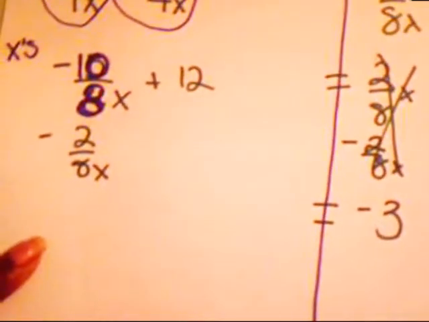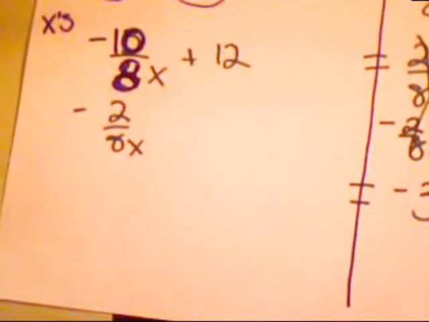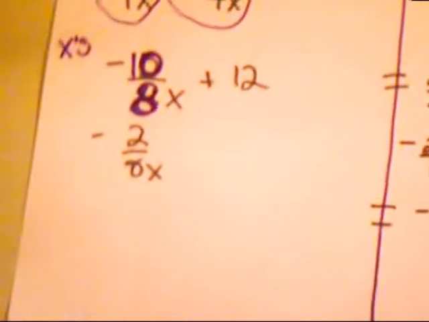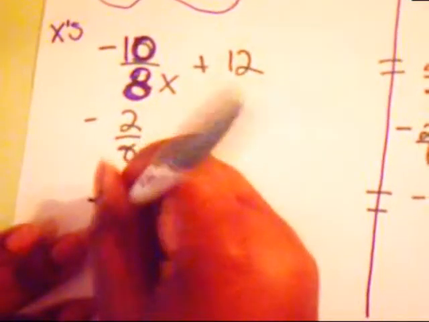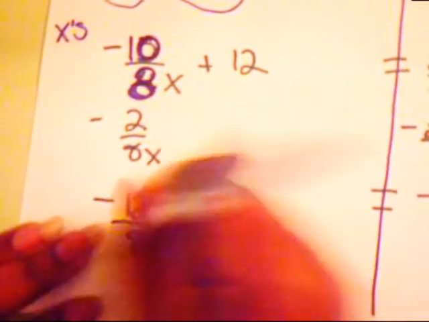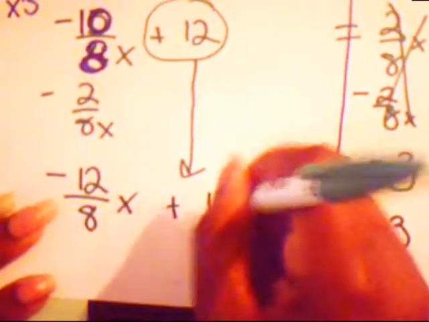Okay? Alrighty. Now we can combine like terms. Negative 10/8 x minus 2/8 x will give me negative 12/8 x. And there's my negative 3 that I brought down from before. And here's my 12 that I'm also bringing down, my positive 12.